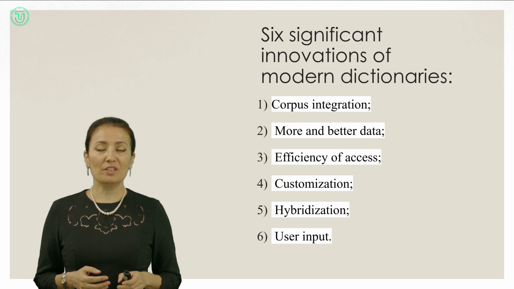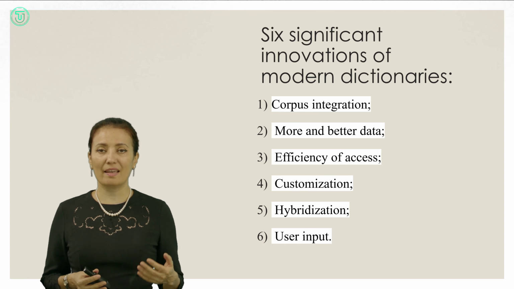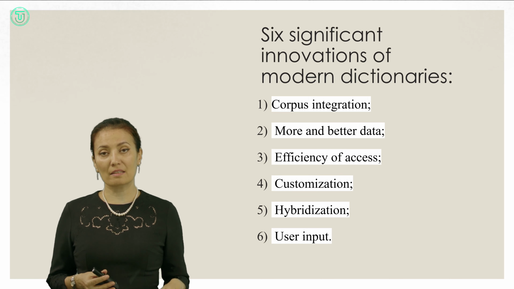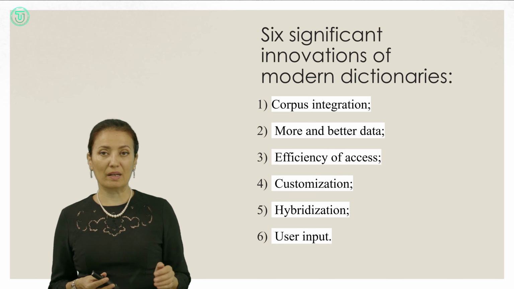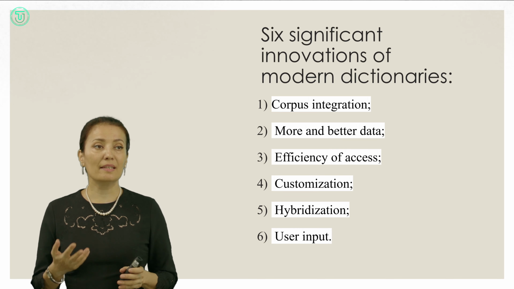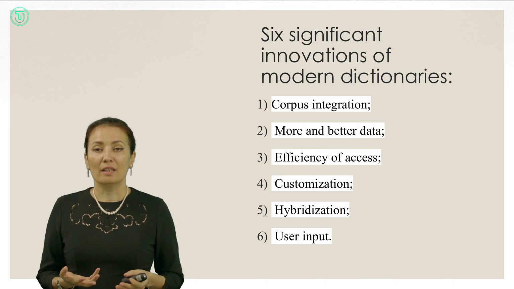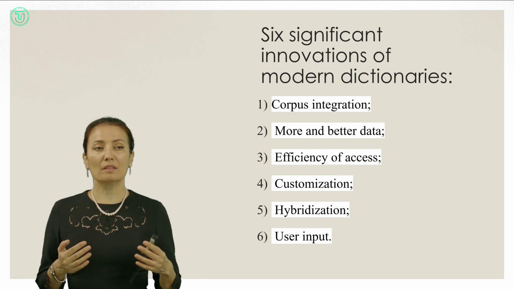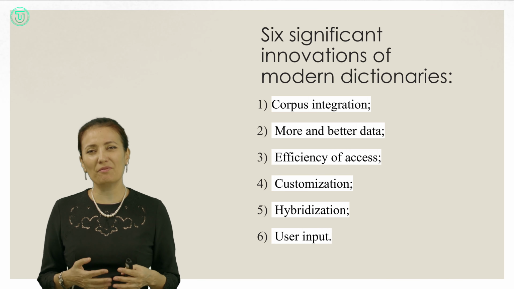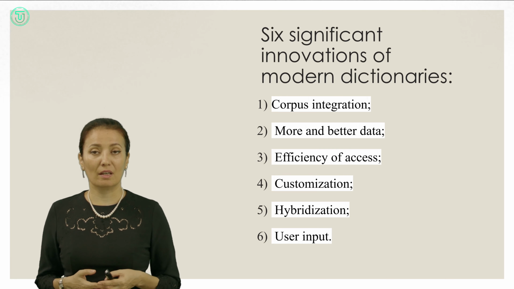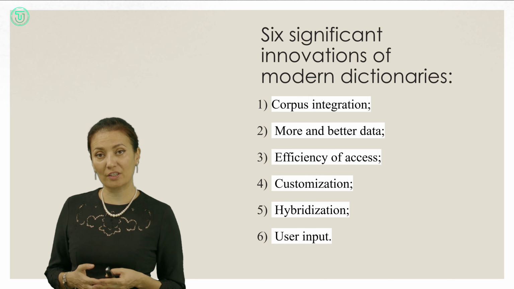Efficiency of access. Nowadays the access to information has become very easy, as the only thing the user needs is internet access and a smartphone or any other electronic device. Customization. They have become user friendly, and it has become very easy for users to navigate and to use these online dictionaries and modern dictionaries.